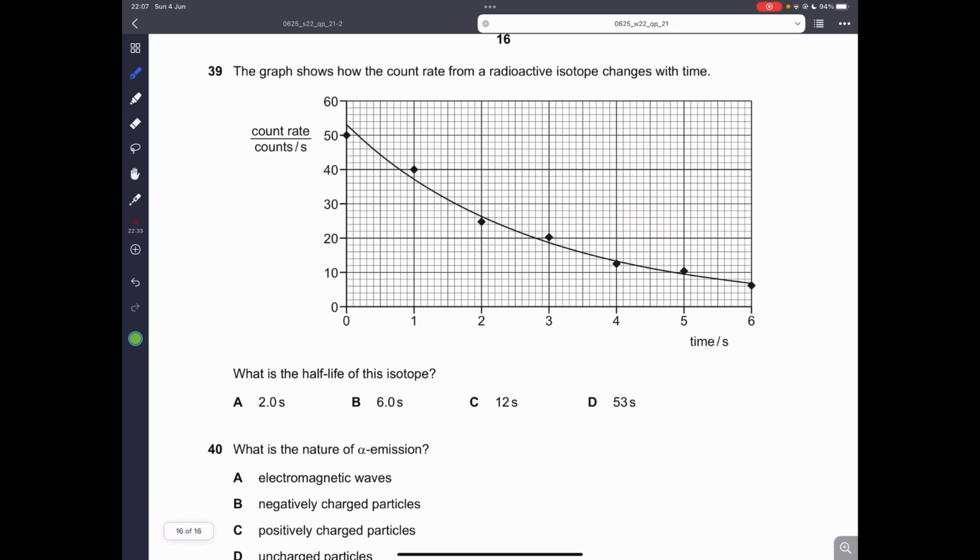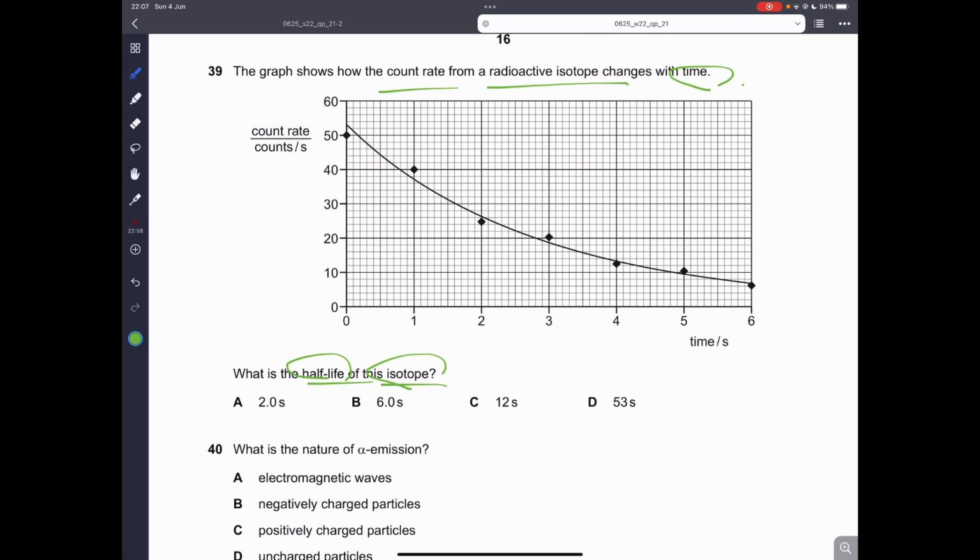39. The graph shows how the count rate from a radioisotope changes with time. What is the half-life of this isotope? For the half-life, you just have to look at the graph. The half-life is basically the time taken for the count rate to fall to half.